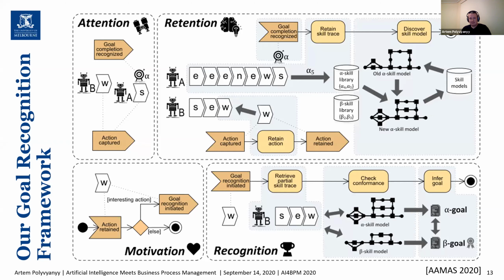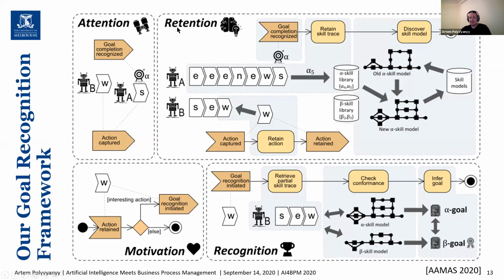Later, when the learning has happened, that agent is able to take decisions about which goals the observed agent is trying to achieve. For example, during the attention phase, we need to capture the actions we observe: by agent A we observe action S, by agent B we observe action B. And we also need to be able to recognize goal completion, for example, agent A has achieved goal alpha.